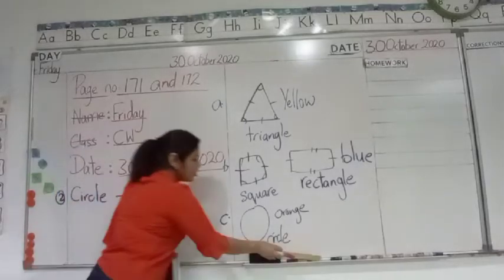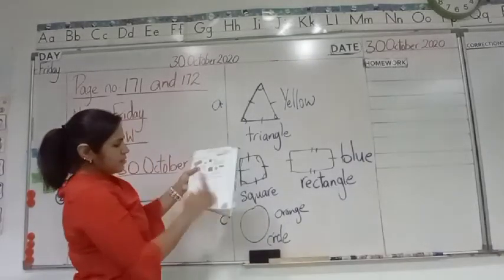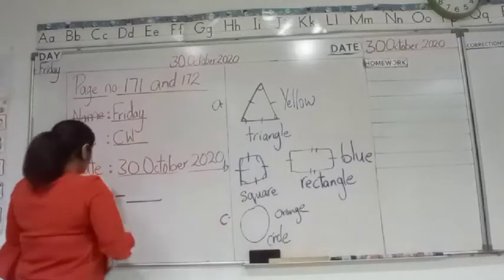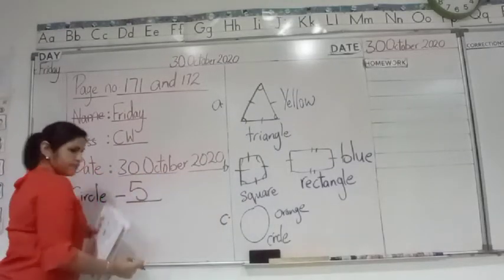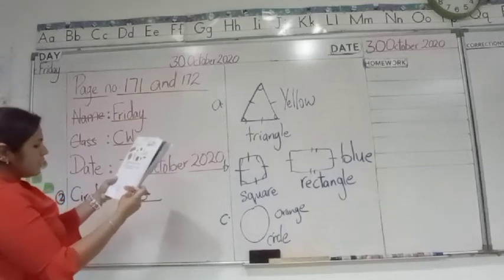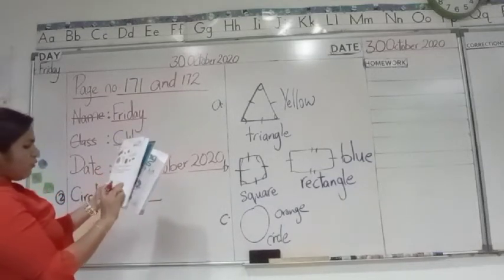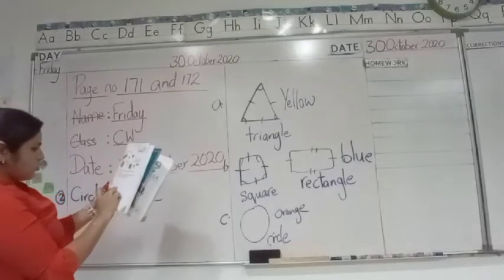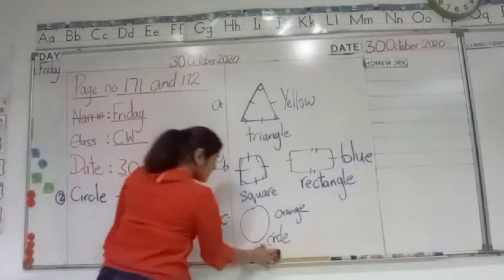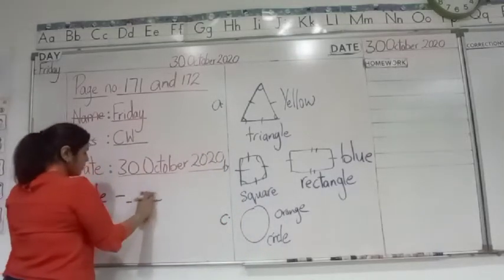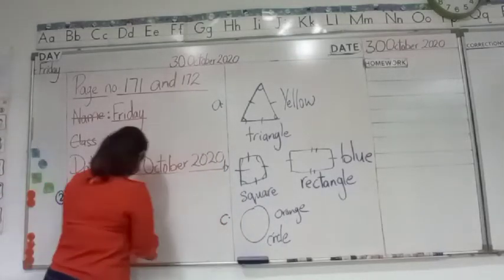Whether they are big or small, it does not matter. So 1, 2, 3, 4, 5 circles. Now, they say there are 5 or 7. 1, 2, 3, 4, 5, 6, 7. There are 7 circles. Very confusing because there are big and small.